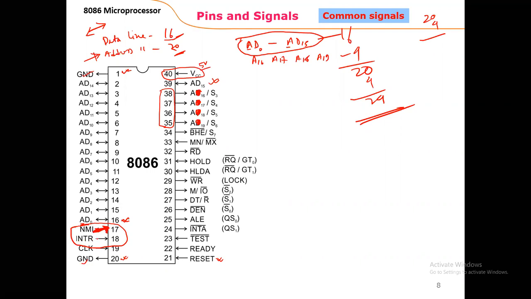This also interrupt. Okay, both are interrupt pin, but this is the non-maskable, this is the maskable. Okay, this is the peon line and this is the higher authority line. Okay, maskable, this is the maskable interrupt request.